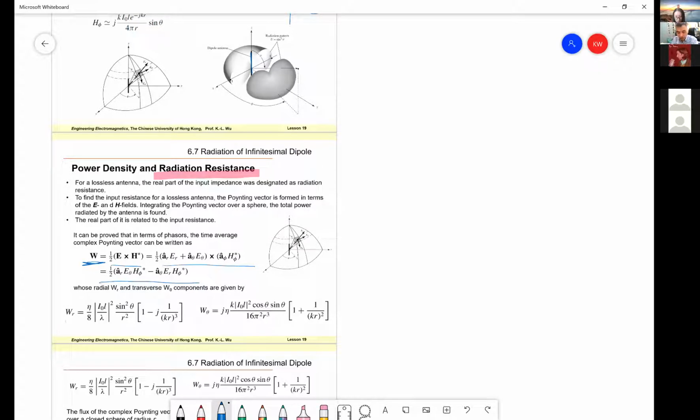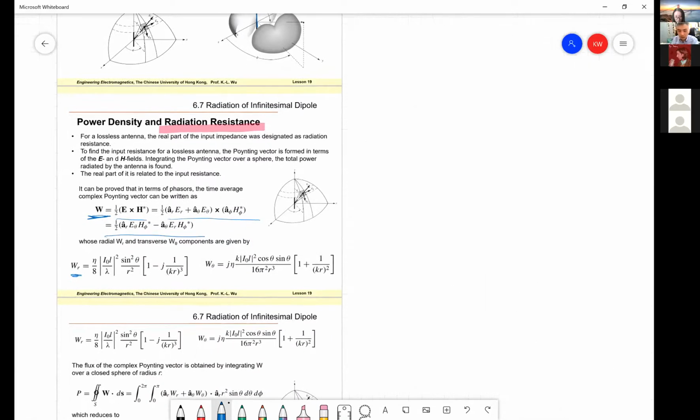Then we can say, the real part, oh sorry, not the real part, because this is a vector. The vector has two components: one component in the R direction, and the other is the power flow in the theta direction.